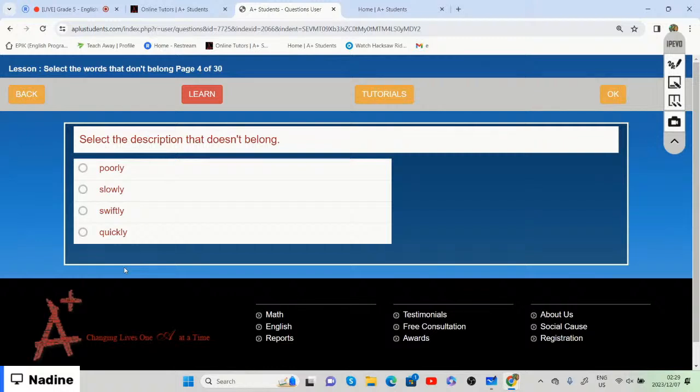So we now need to select the word that does not belong there. Poorly, slowly, swiftly, or quickly. We need to select the word that does not belong.